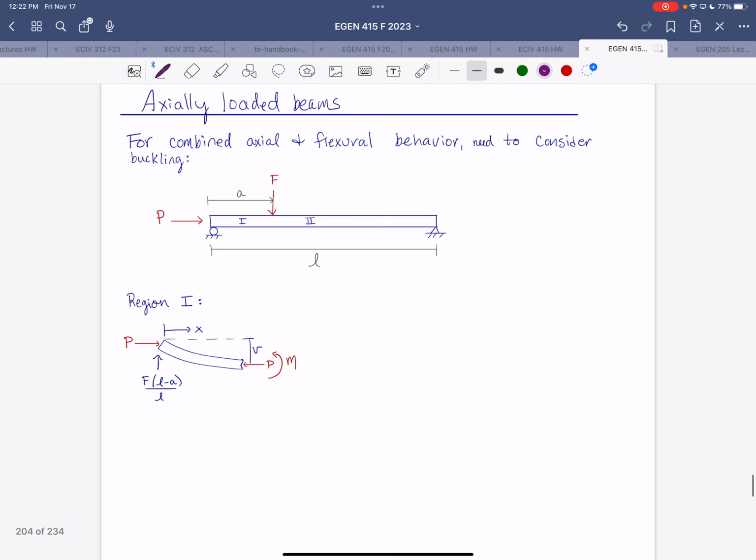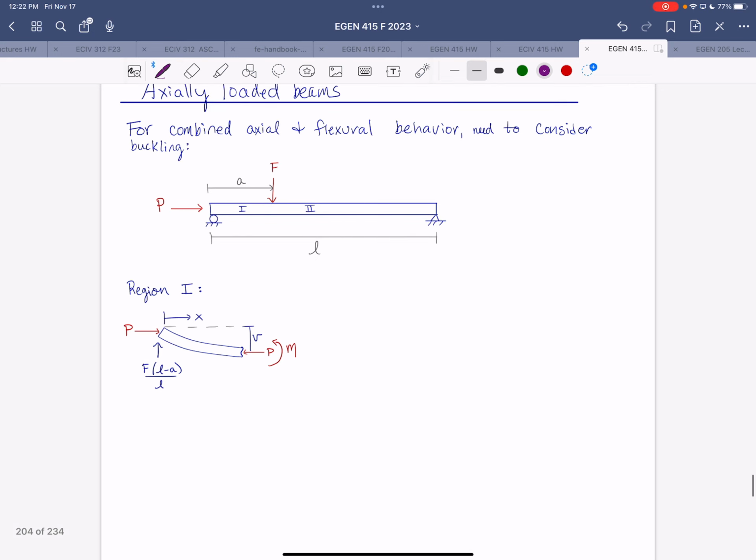So we have a transverse force, capital F, applied at some point along the length of this simply supported beam, and then an axial force also applied. We would have reactions. At the pin support, we would have a horizontal reaction equal to the axial load.